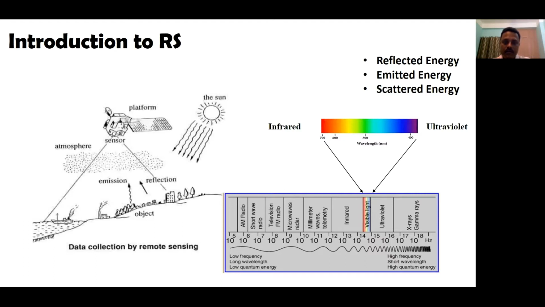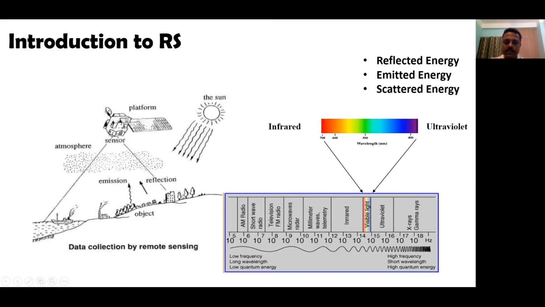As I said before, if we are using the sun as our primary source of energy, the sun's entire range of electromagnetic spectrum is being emitted, and depending on the wavelength, some of these ranges enter our atmosphere, and once they enter the atmosphere, they come and hit the objects upon the surface.